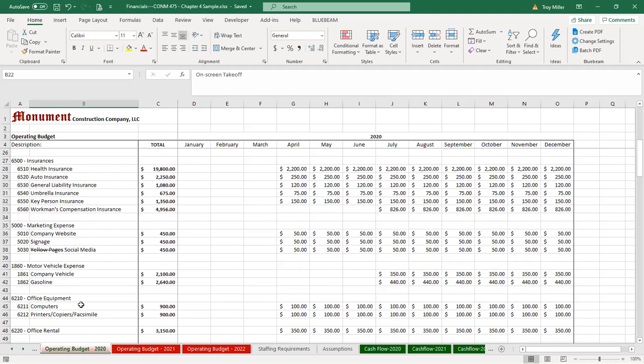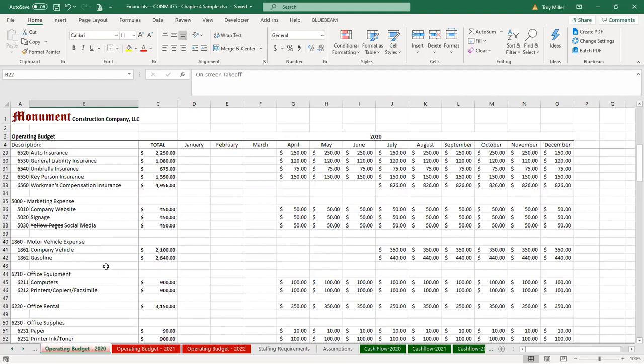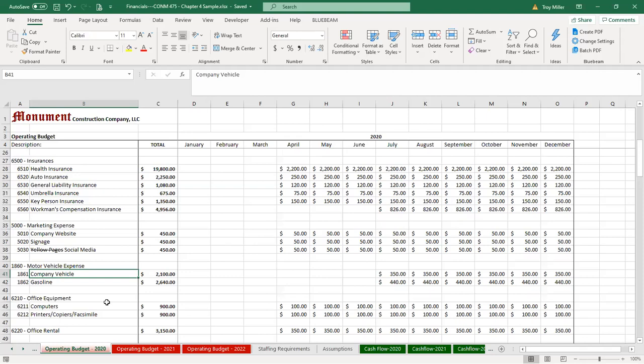Let me give you my logic here. As a company, I potentially am going to have company vehicles that might be allocated into different places. For example, I've got the 1861 for a company vehicle here. That vehicle is allocated for the home office, project managers, say the company CEO, so it falls under general and administrative expense.